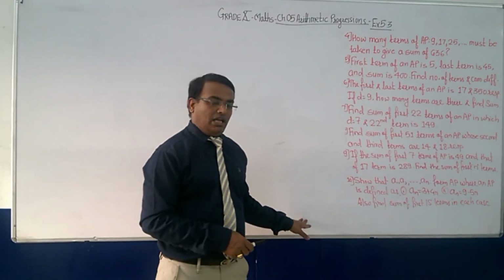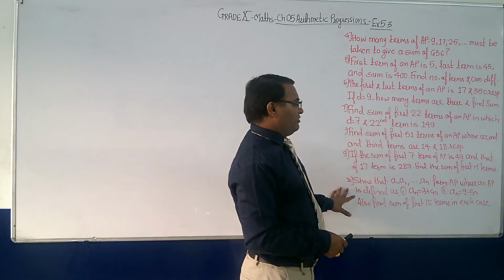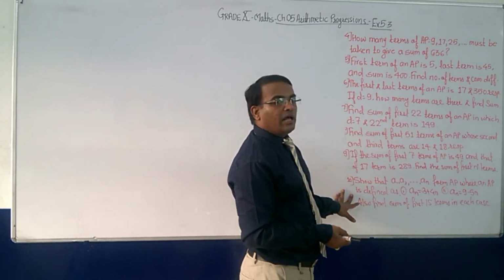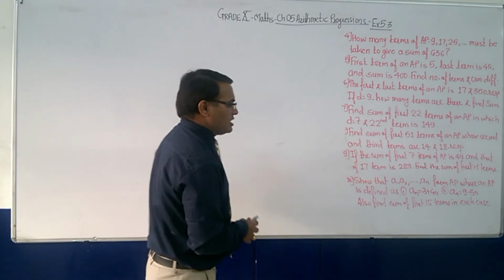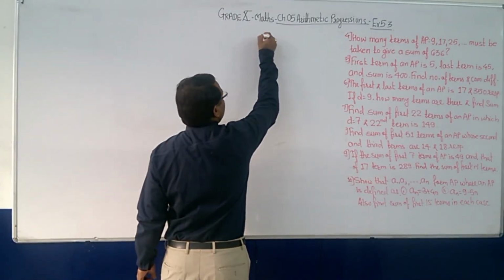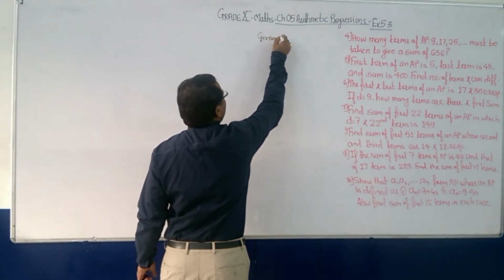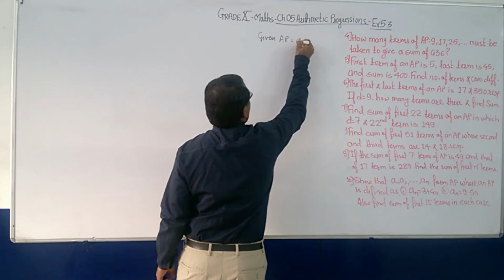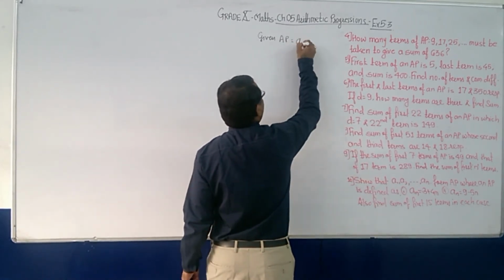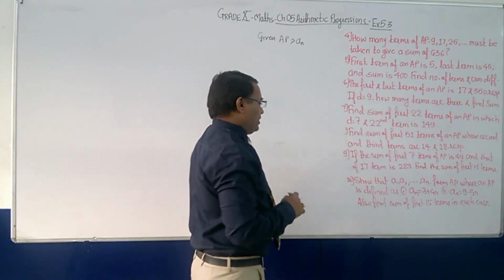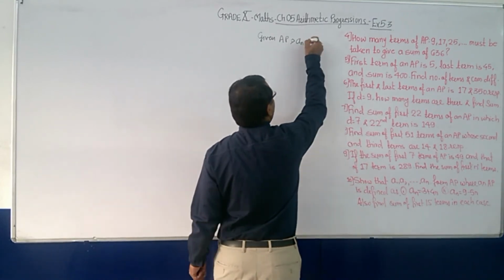Sum number 10. Show that a1, a2, ..., an form an AP, where an is defined as an equal to 3 plus 4n.